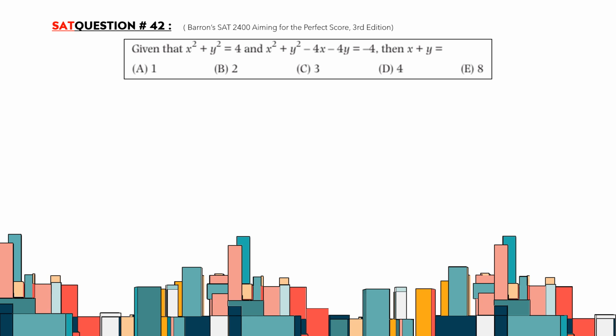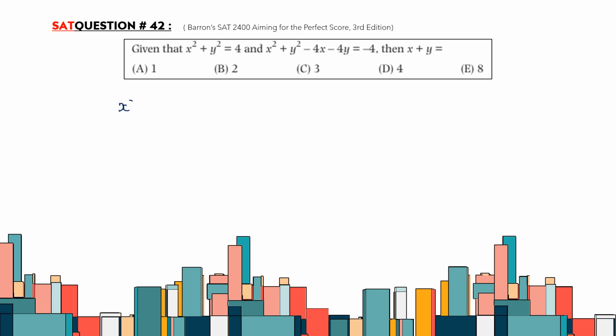Given that x squared plus y squared equals 4, and x squared plus y squared minus 4x minus 4y equals negative 4, then x plus y equals what? So this question is really straightforward, right?